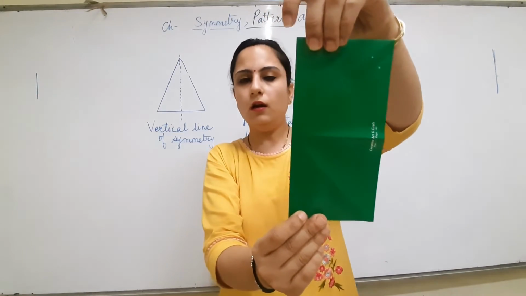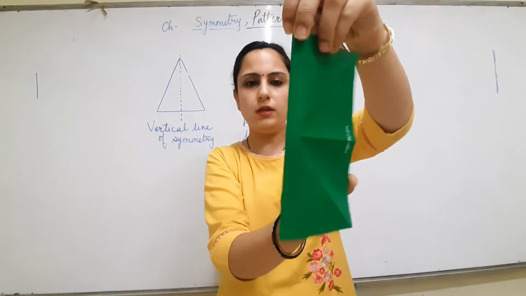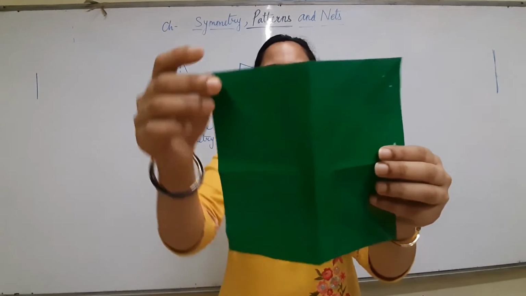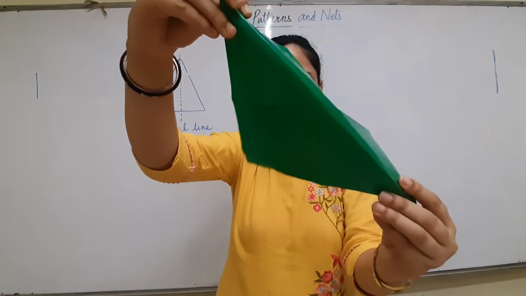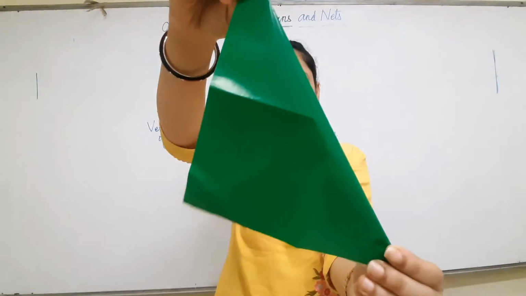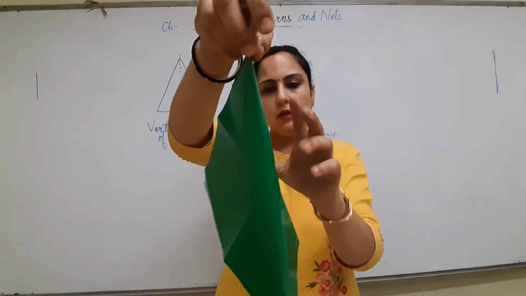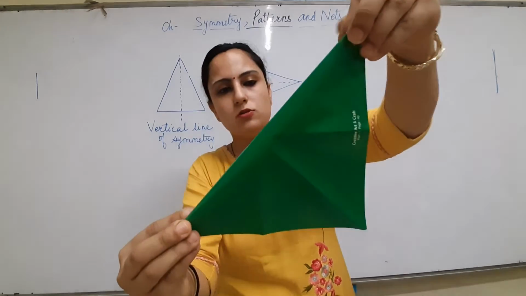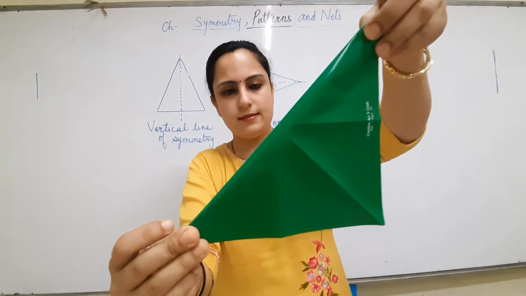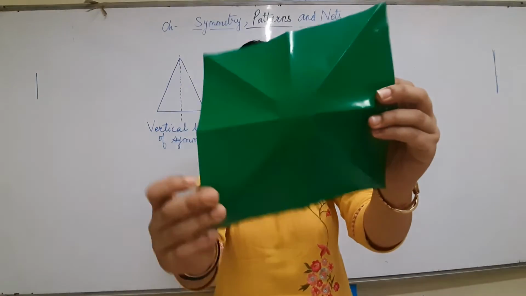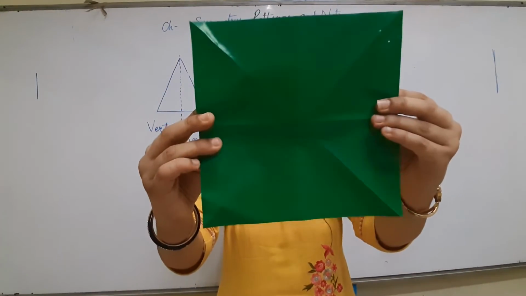So it has a vertical line of symmetry. Now a square can be folded along its diagonals also. See, it is exactly overlapping. So it has lines of symmetry along both diagonals also. So a square is a figure having 4 lines of symmetry.